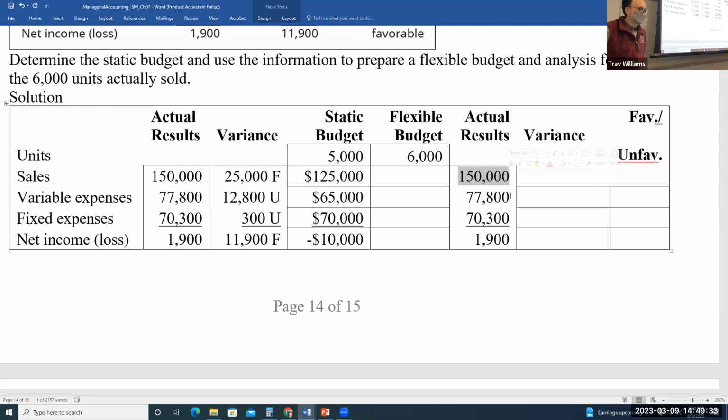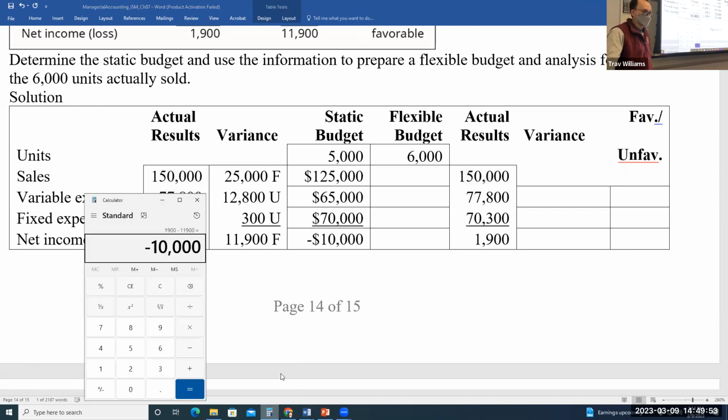What should our sales have been for 6,000 units? How can we figure that out? 127,200.